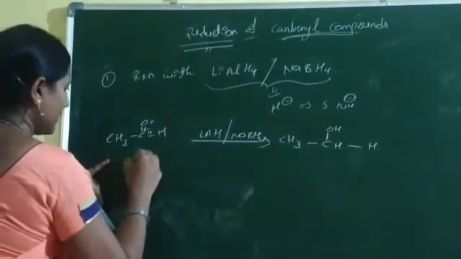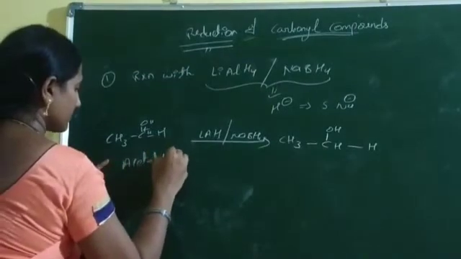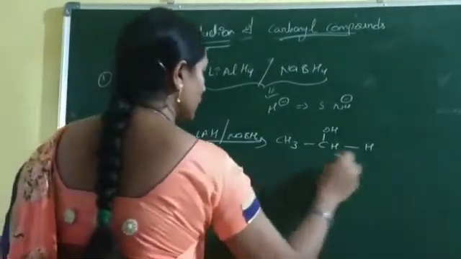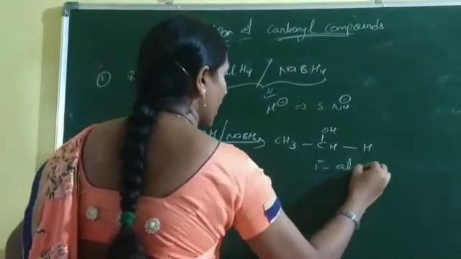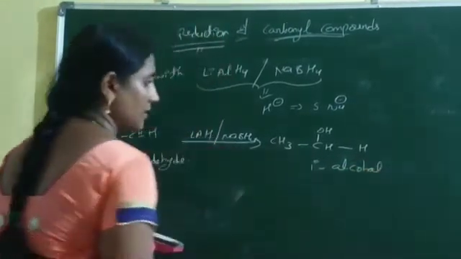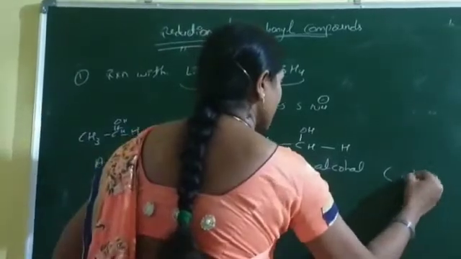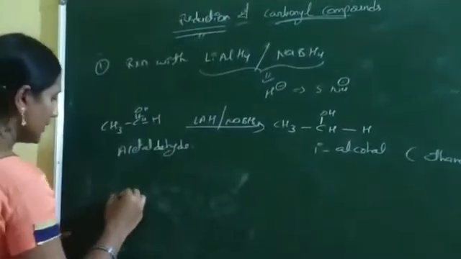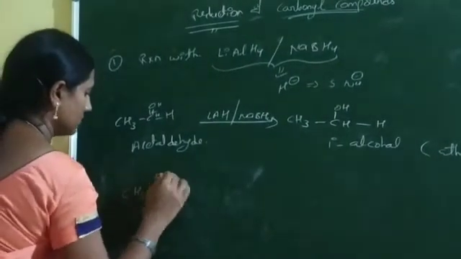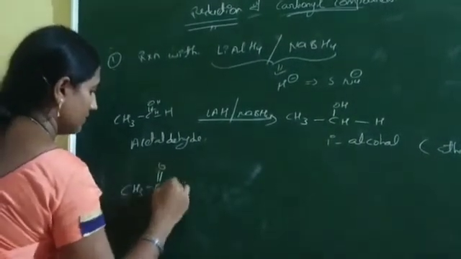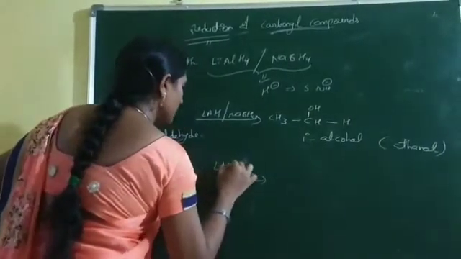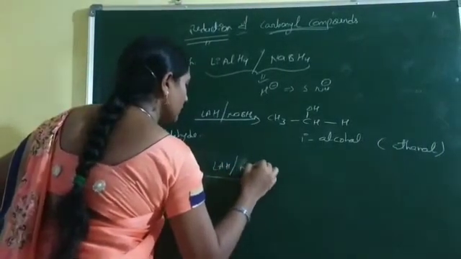Now you take acetaldehyde treated with lithium aluminium hydride to form primary alcohol. That name is ethanol. Now take ketone. The ketone is treated with lithium aluminium hydride or sodium borohydride.